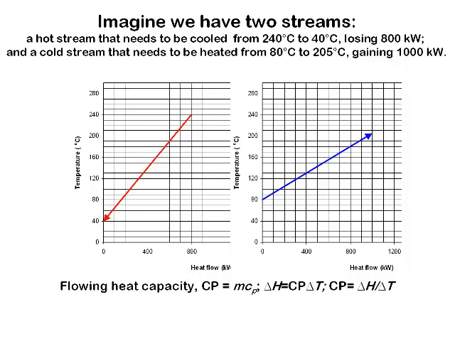Now, let's remind ourselves that the flowing heat capacity, which has the nomenclature Cp, is defined as the product of the mass flow rate and the specific heat capacity. Because it's the product of these two things that determines how much of a temperature rise you get for a given amount of heat input.